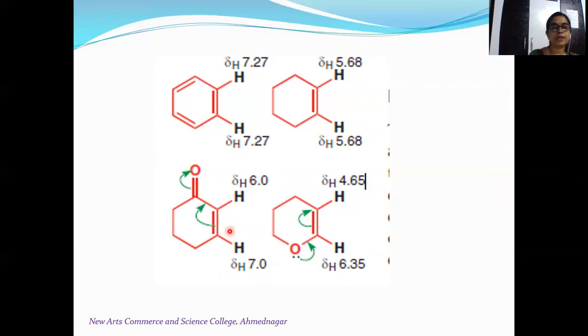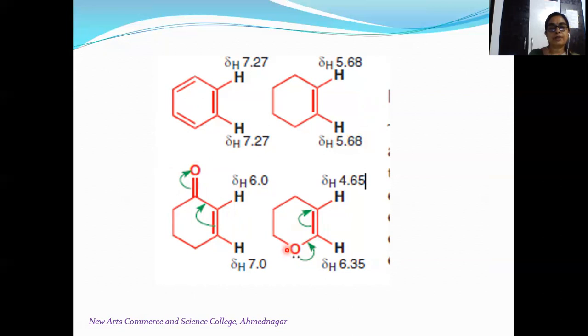This is because the beta carbon atom is an electron deficient carbon atom. Therefore, the proton present on this carbon atom is a de-shielded proton. At the alpha carbon atom, it is the inductive effect. For an olefinic proton, the delta value should be 5.68, but as soon as we place an electron withdrawing group, whose inductive effect will de-shield this alpha carbon atom, the delta value is increasing.